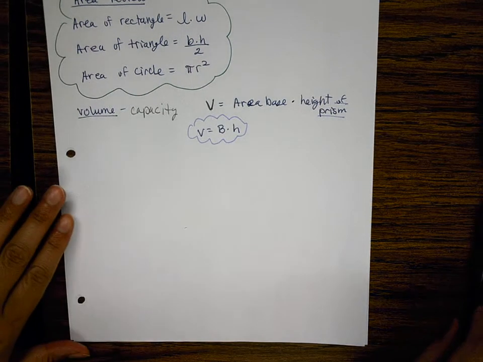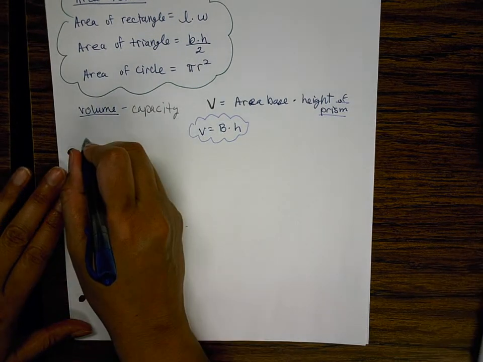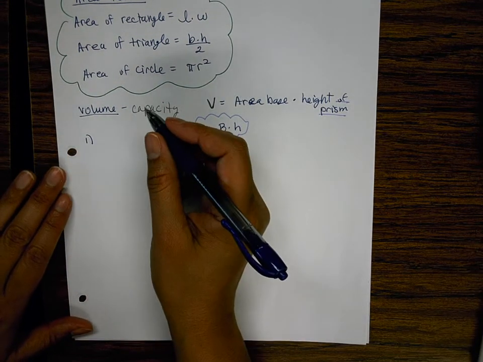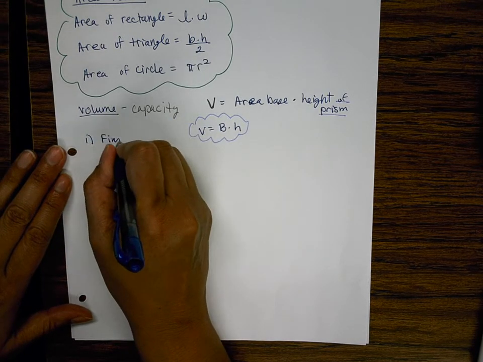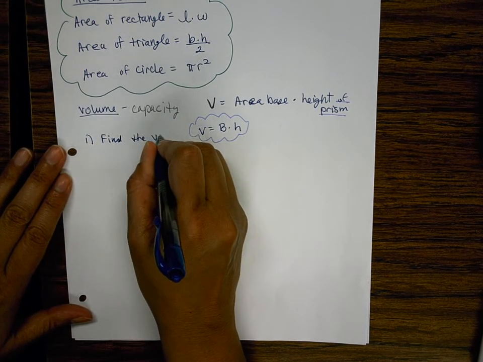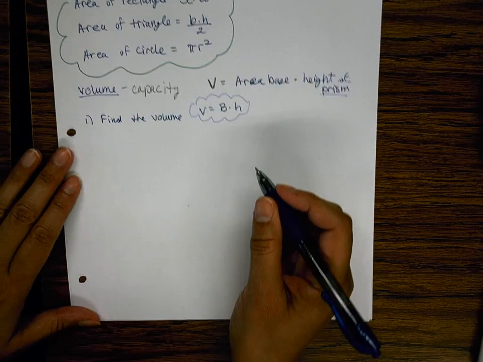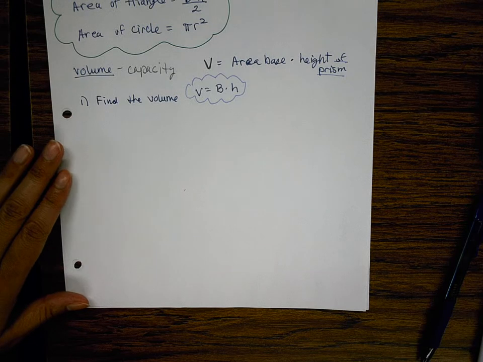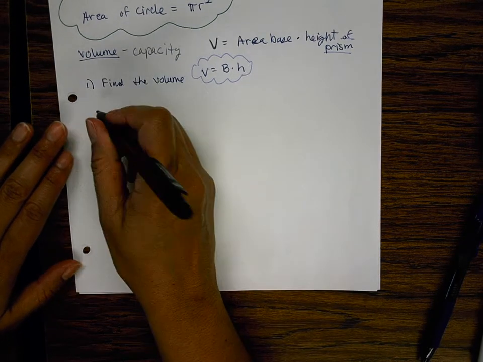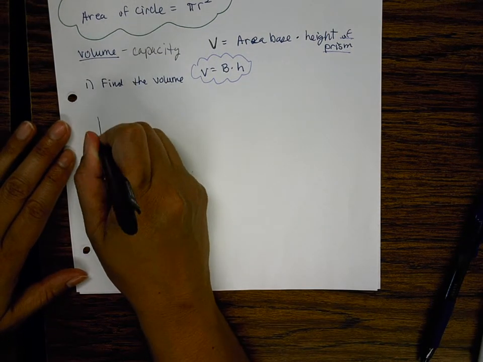Okay, number 1. I want you to find the volume. And we are going to draw a rectangular prism. So, draw it with me, hit pause, rewind if needed. Just draw your standard rectangle.